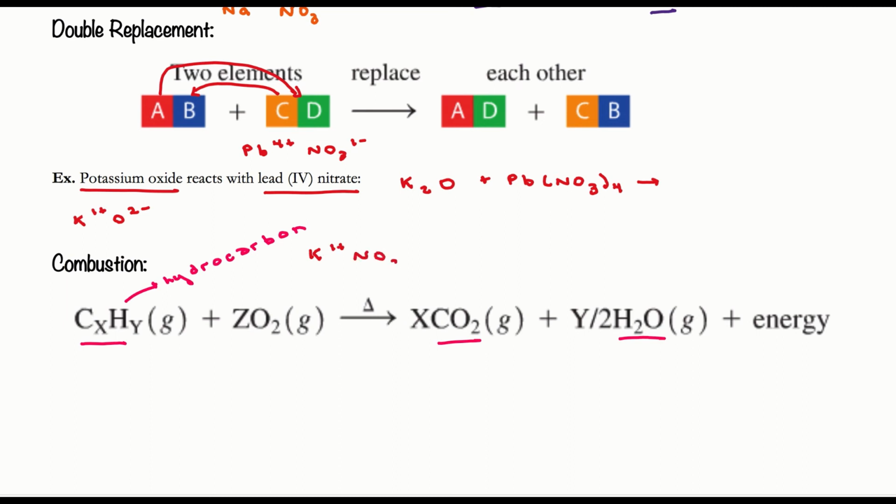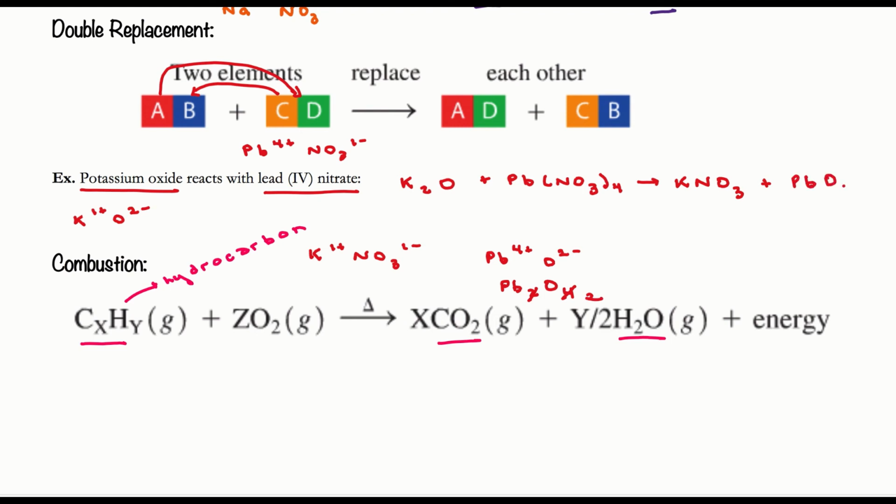So I've got to cross charges, and so that tells me I have KNO3. And then lead is going to form a compound with oxygen. So lead is 4 plus, oxygen is 2 minus. So when I cross my charges, I get Pb2O4. Keep in mind I need to simplify this. So it's going to be just PbO2.